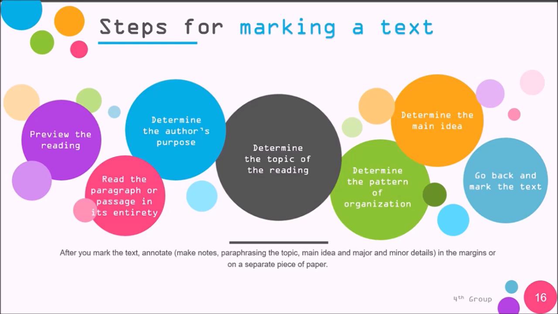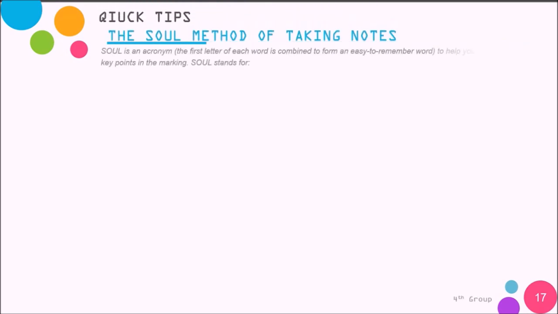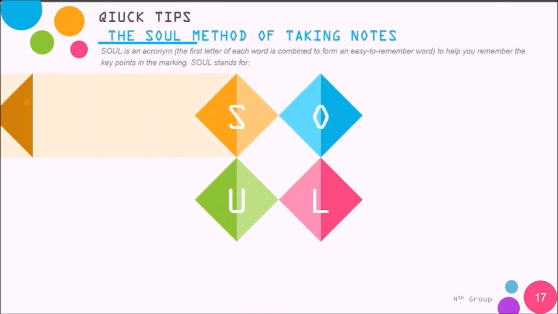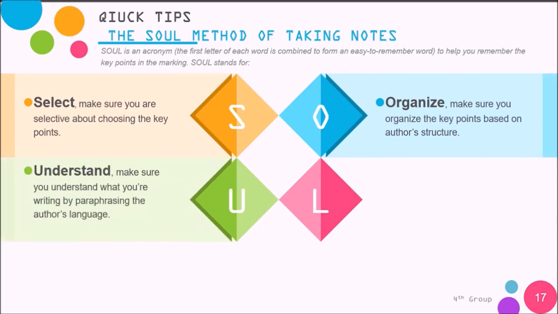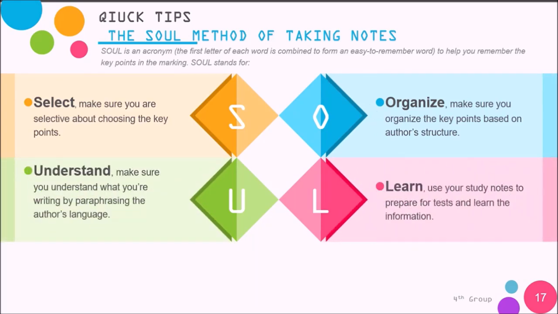We have quick tips, that is the SOUL, S-O-U-L, method of taking notes. SOUL is an acronym. The first letter of each word is combined to form an easy-to-remember word to help you remember the key points in the marking. SOUL stands for S, select.